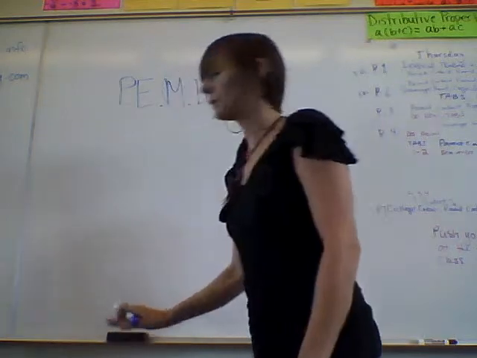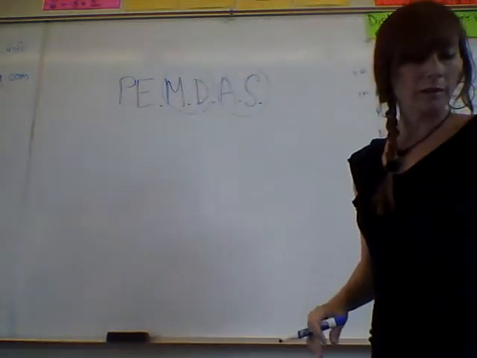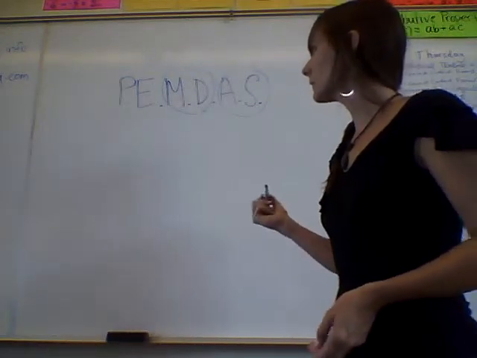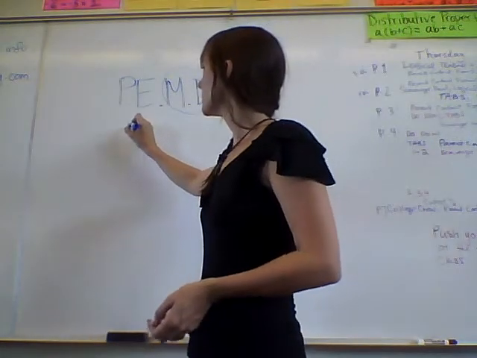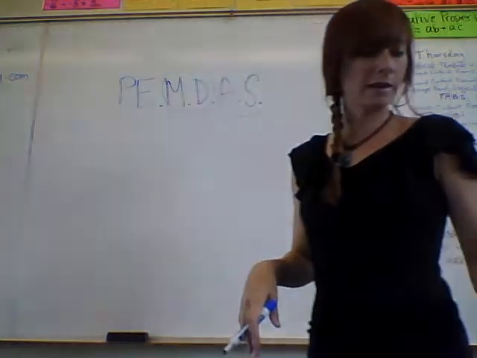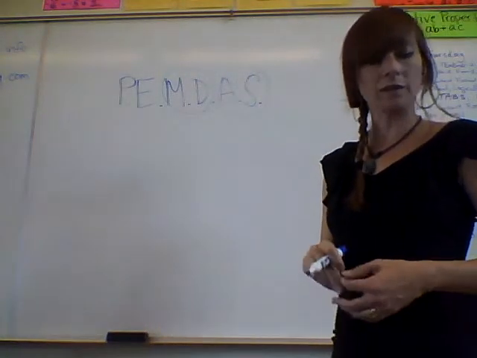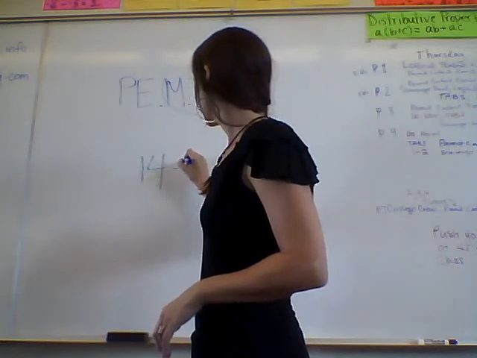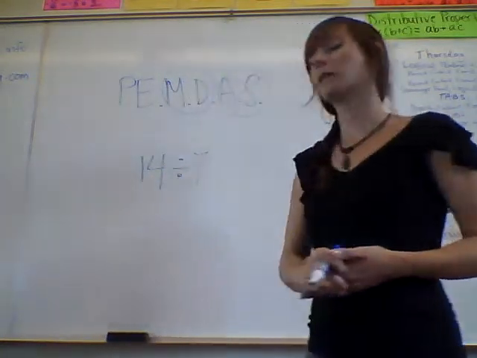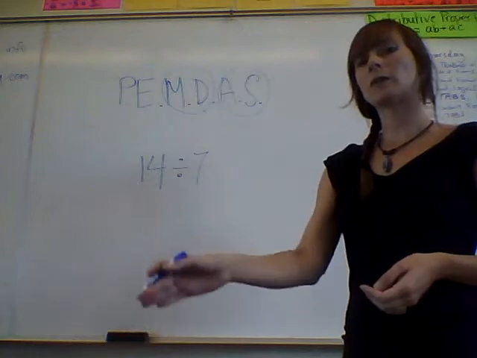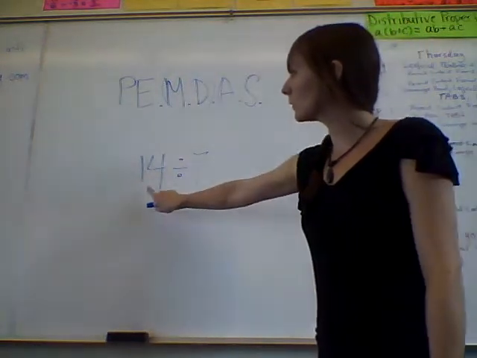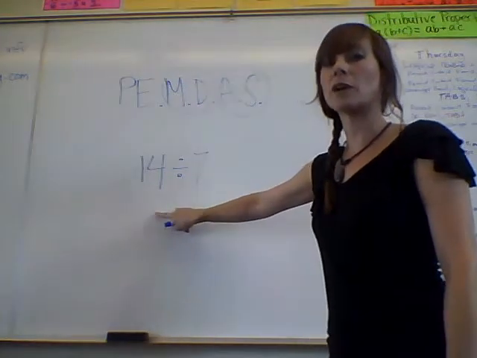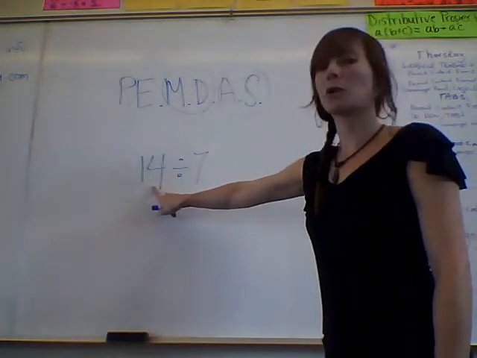And the last type that you'll see is the quotient of two numbers. So if you have something that says find the quotient of, say, 14 and 7, that means 14 divided by 7. Quotient means division. In the verbal phrase, whichever number comes first goes first in the numerical expression.